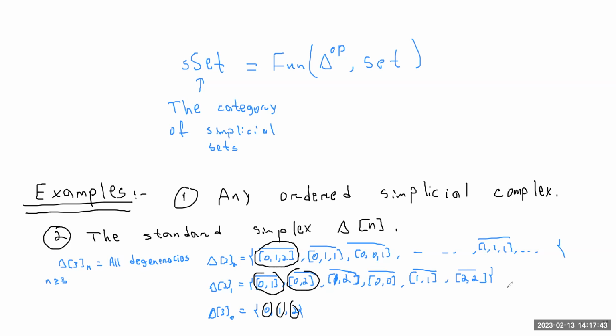Maybe one can think we added many things here that we don't need, but we need them in order to describe maps between these. That's why we need the degeneracy. We will see that we will have another advantage of taking this later.